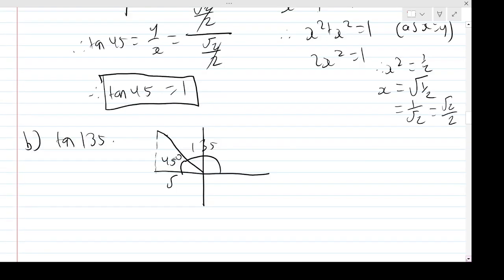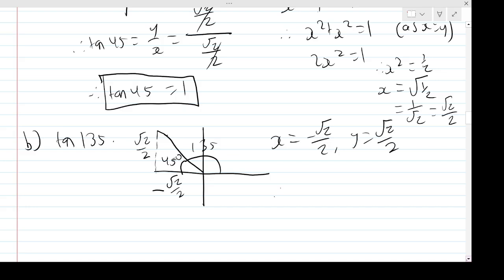So this would be root 2 over 2 on the x-axis, but it would be negative because we're on the negative x-axis. Likewise, this y part up here would also be root 2 over 2. And so therefore, the x-coordinate is minus root 2 over 2, and the y-coordinate is positive root 2 over 2.